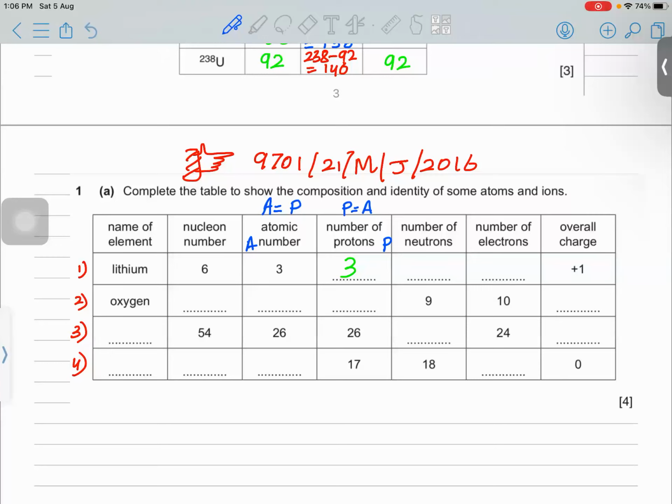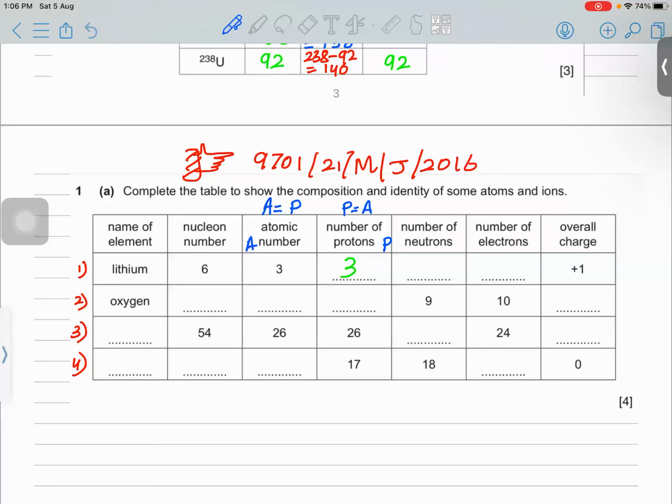Now, can you tell me the number of electrons? It's going to be 2. Why 2? Because the overall charge of the ion itself is +1, so there has to be one more proton than electron. You can say that here the charge is +1, so it means you have one less electron.